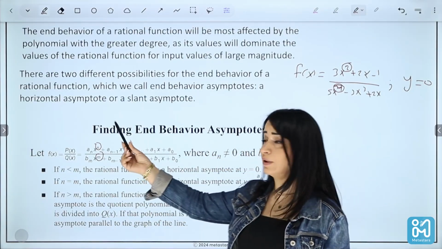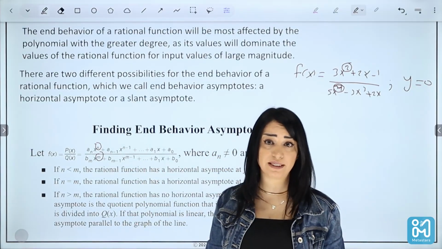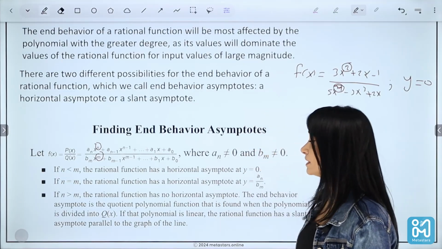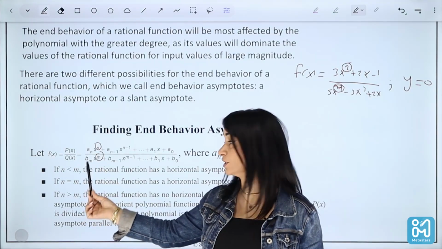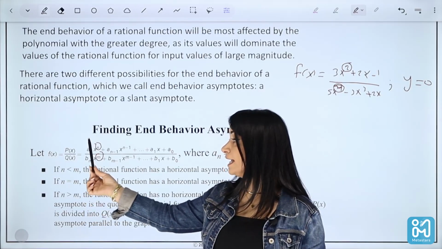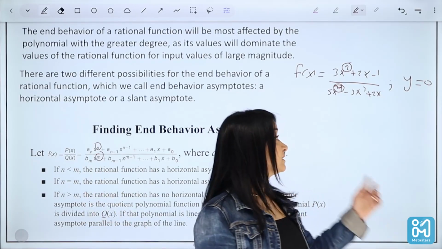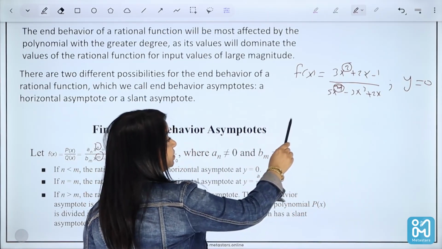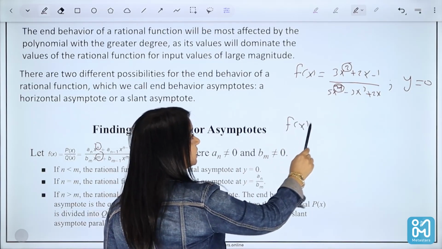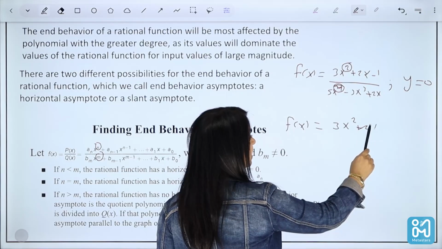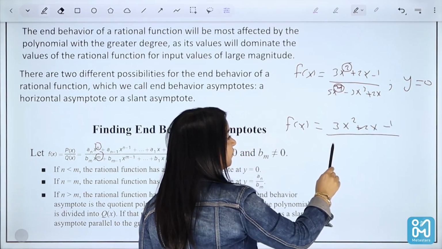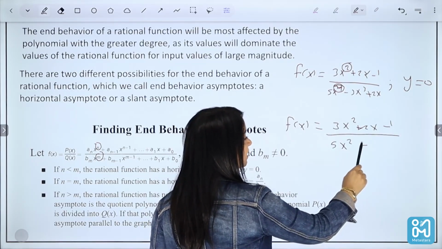Okay, case number two: if the degree of the numerator is equal to the degree of the denominator. In this case, we have a horizontal asymptote where we take the coefficient over the coefficient, y equals a over b. Let's see an example for case number two. Let f of x equal 3x squared plus 2x minus 1 over 5x squared plus 4.